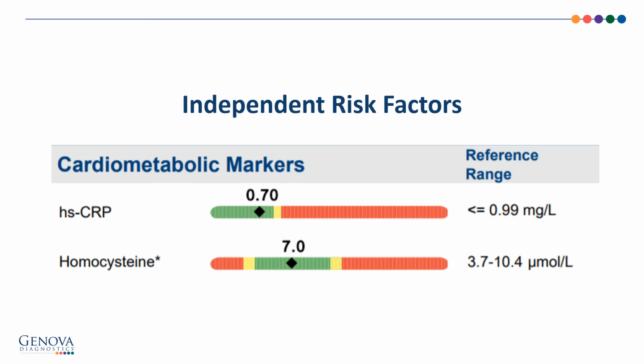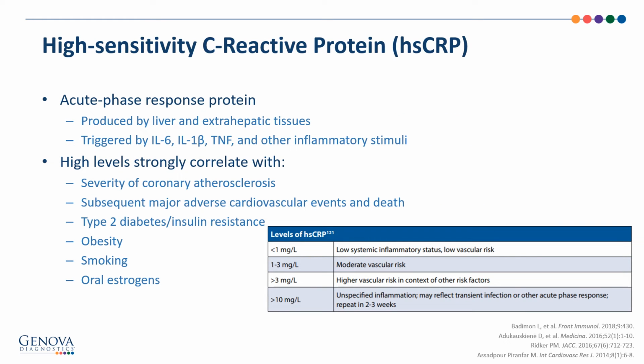The last portion of the profile focuses on independent risk factors that may contribute to inflammation and disturbances in the methylation pathway, again, contributing to endothelial dysfunction or atherosclerosis, eventually cardiovascular disease. So there is a difference between CRP or C-reactive protein and hsCRP. CRP is a non-specific inflammatory indicator that can be elevated due to inflammation stemming from infections, inflammatory disorders, endocarditis.